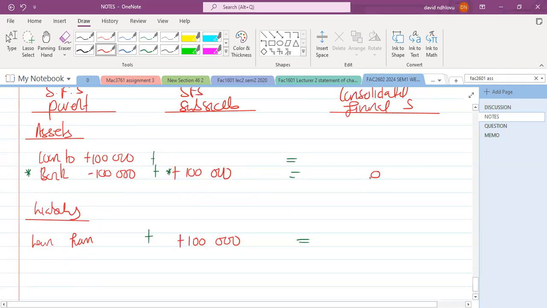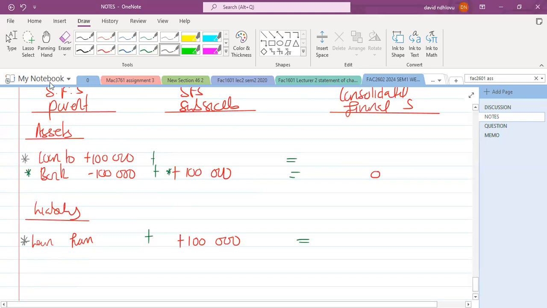When we go to the loan, it's a different story. Because here we have an asset item, which is loan to. But in the subsidiary, it affected a different account, which is loan from. So when we now add line for line, there will be no cancellation of this transaction on its own.